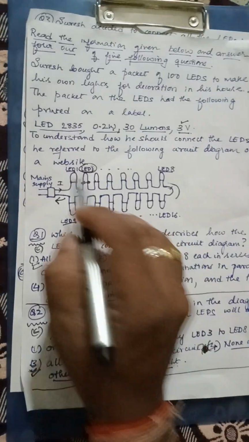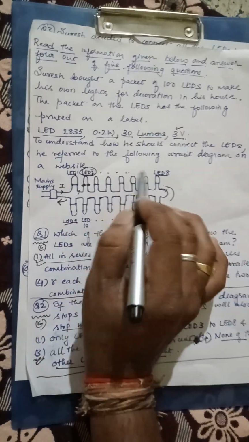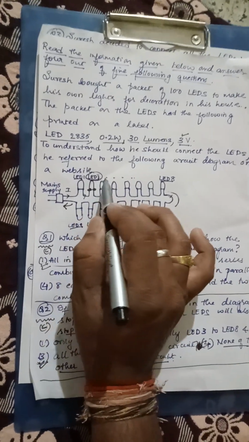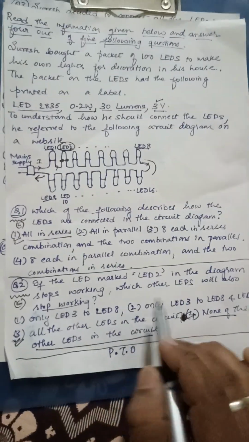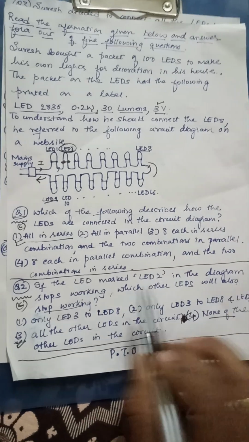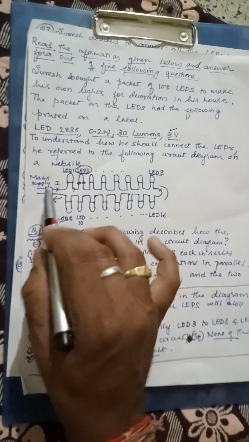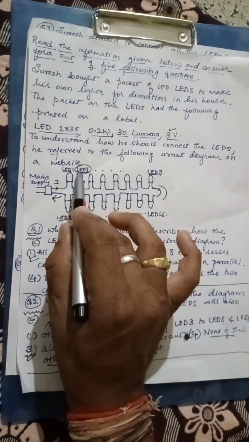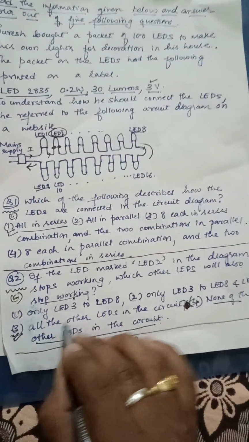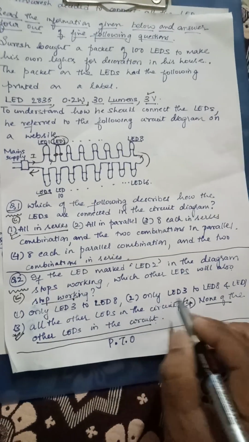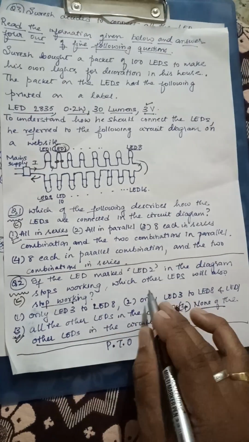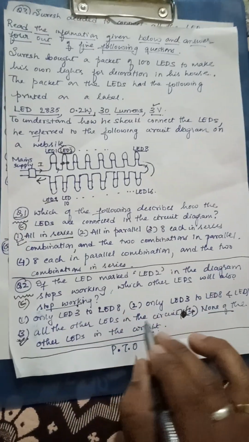Therefore no current flows through any of the other LEDs which are connected in series with LED2. In fact, all the LEDs which are connected in series with LED2 will stop working. So what is the correct option? All the other LEDs in the circuit. So this is the answer to the question.